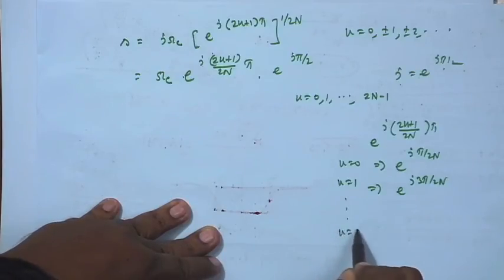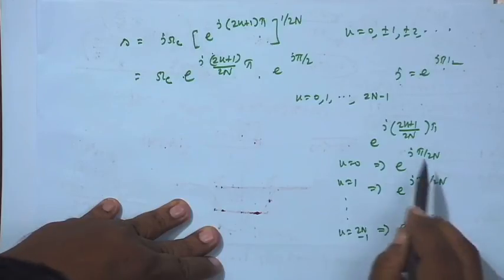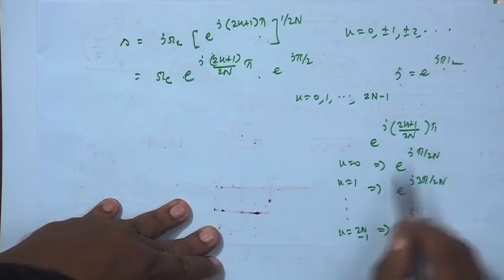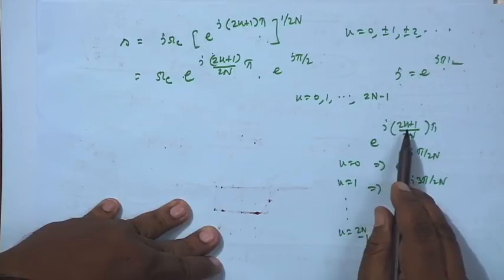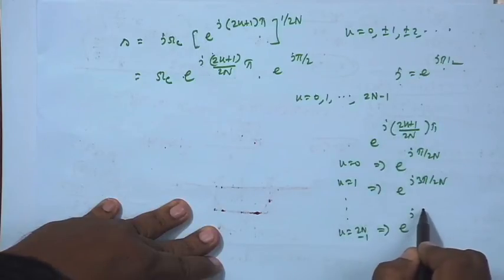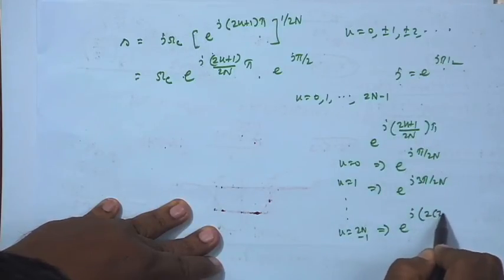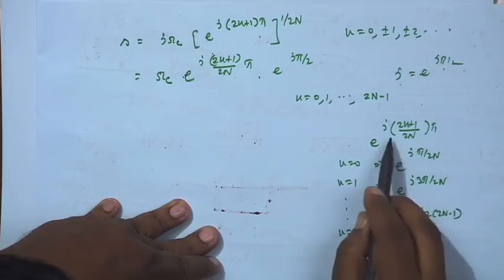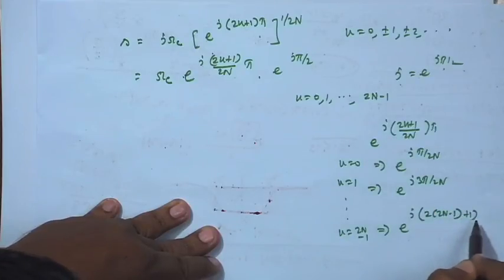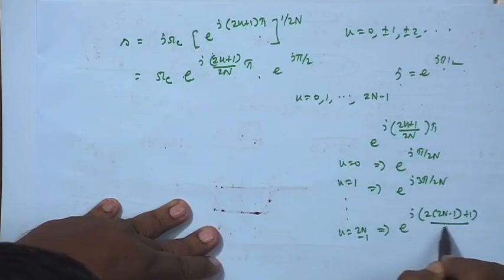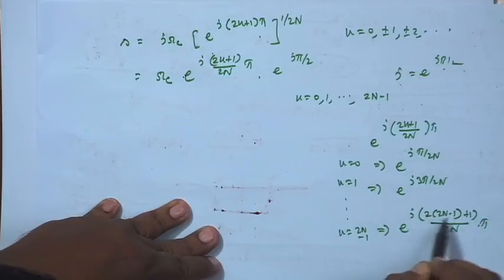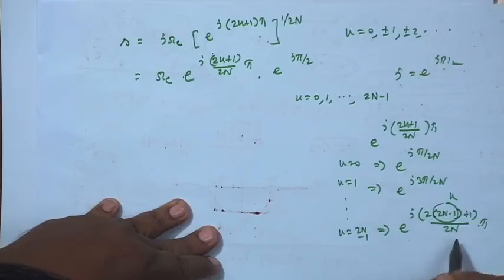It can go up to k equal to 2n minus 1. If it is 2n minus 1, how much will it be? (2 into (2n minus 1) plus 1) by 2n into pi.